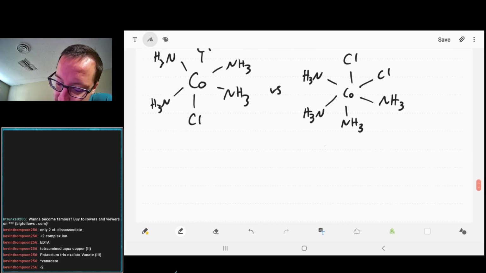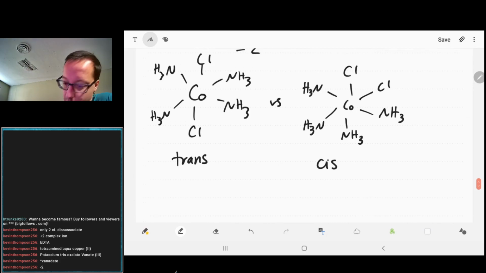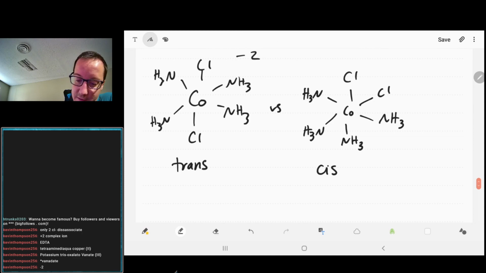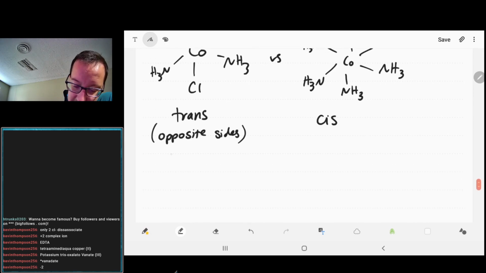This, by the way, is cis. This is trans. The rules for this: we have the chlorines on opposite sides here. When you're looking at what's going to be trans or cis, we look at the highest atomic number.